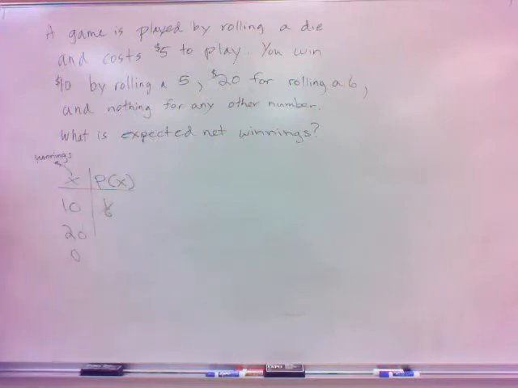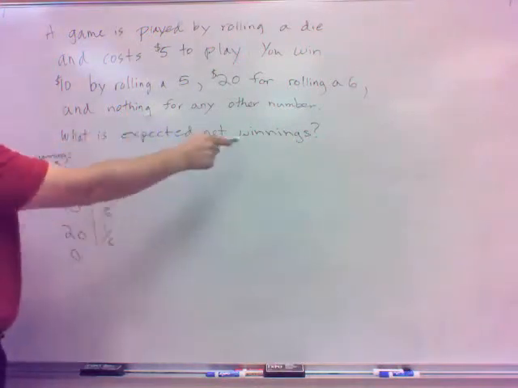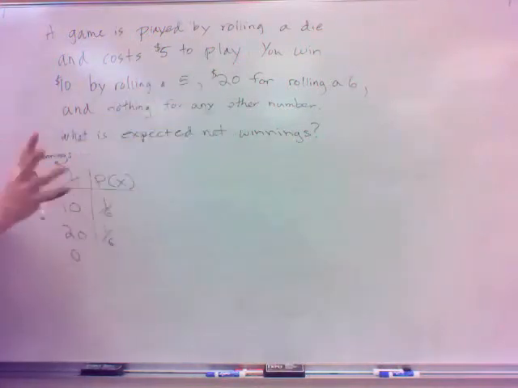What's the probability I win $20? Well, that's rolling a 6. Also 1 out of 6. What's the probability I win 0? I get $0 for any other number besides 5 and 6. So that's 1, 2, 3, and 4. Yeah, 4 out of 6. I win $0. Okay?